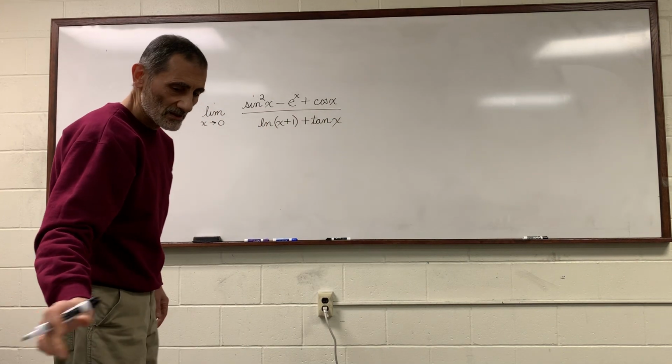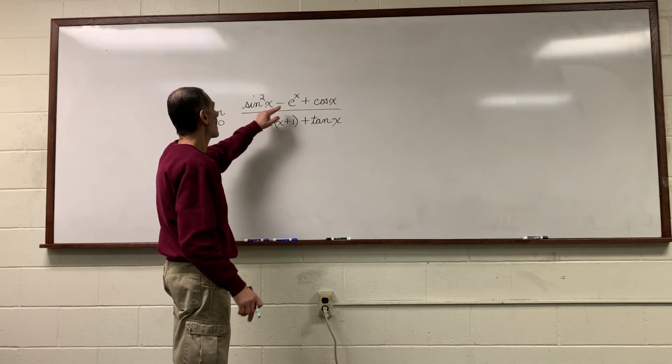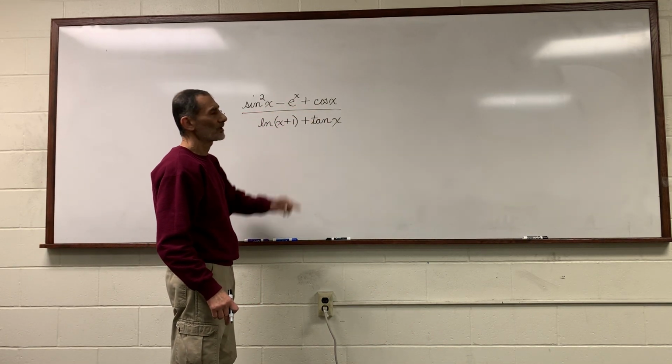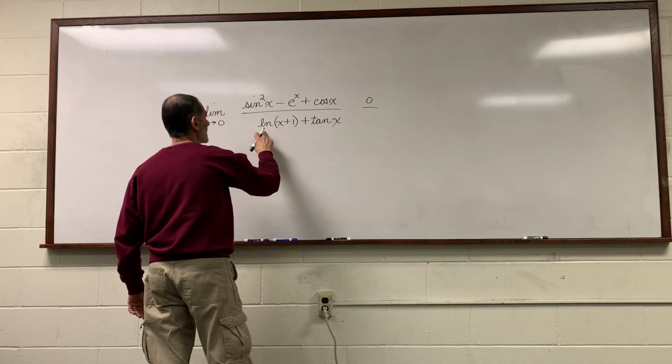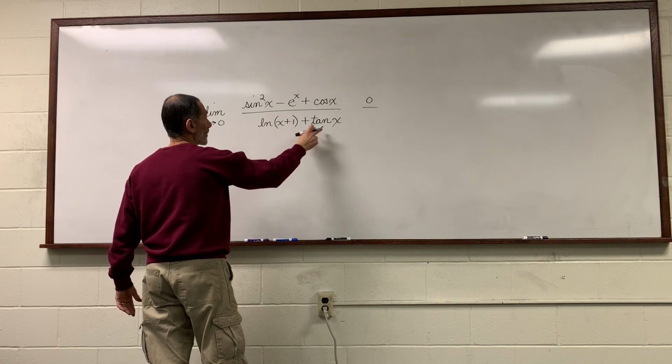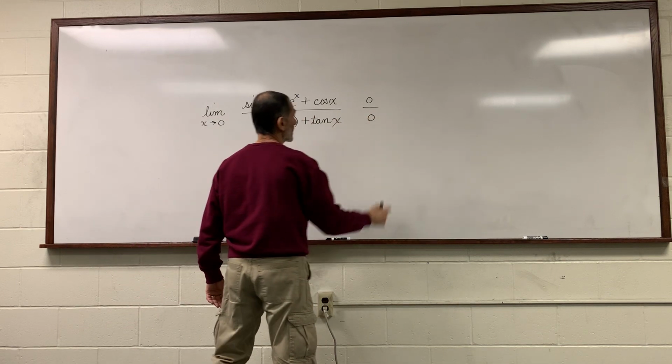Okay, if we plug in 0 here, we get 0 minus 1 plus 1. That is 0, over the log of 1, which is 0, plus the tangent of 0, which is 0.